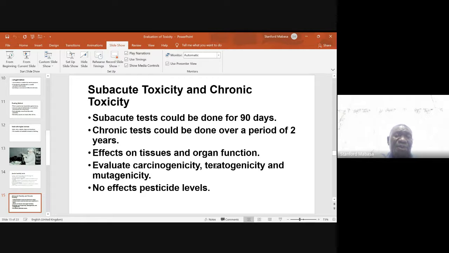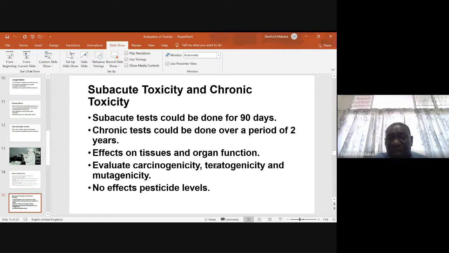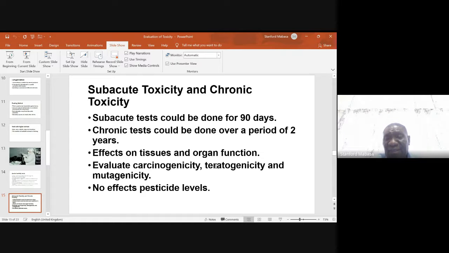And what people look at are the effects of the pesticide on tissues and organ function. We could evaluate things like carcinogenicity. Is the pesticide going to cause cancer? Or teratogenicity? Is it going to affect the fetus?